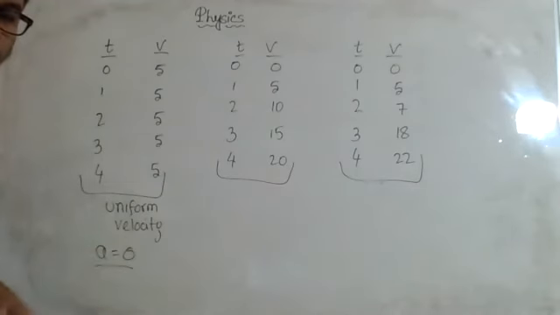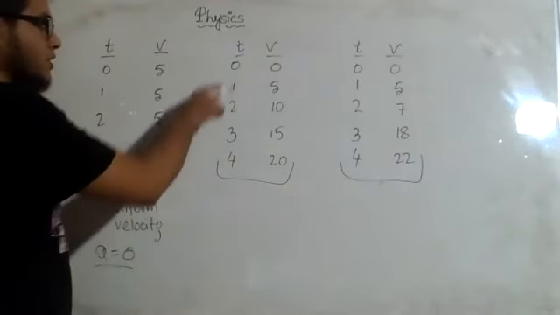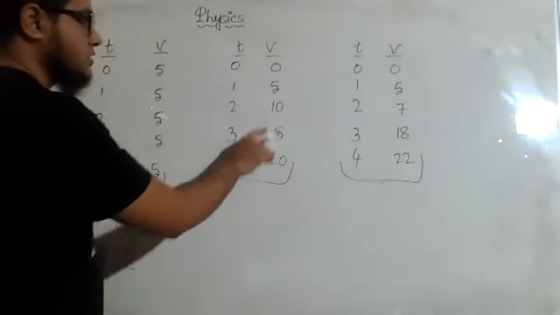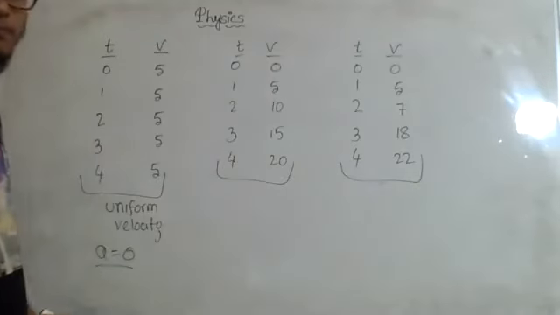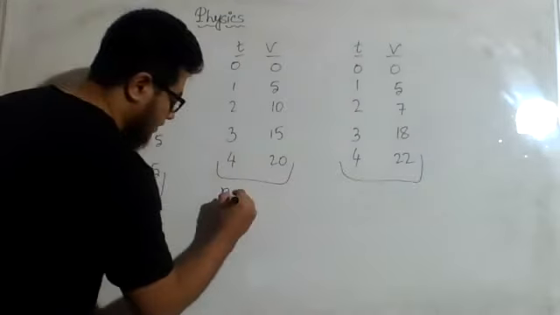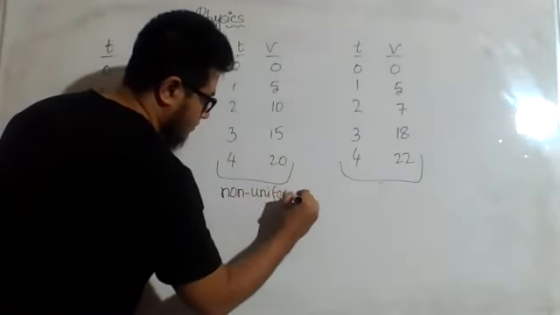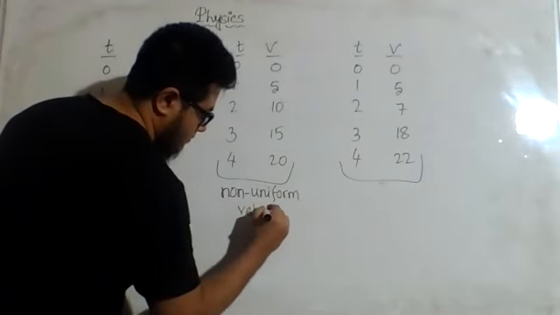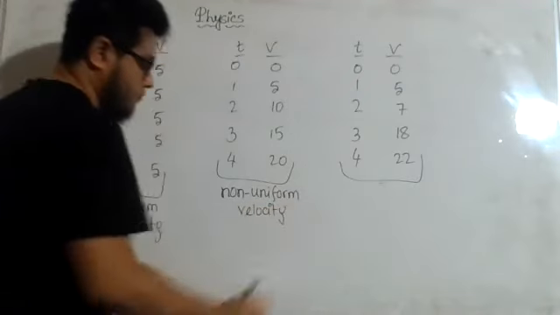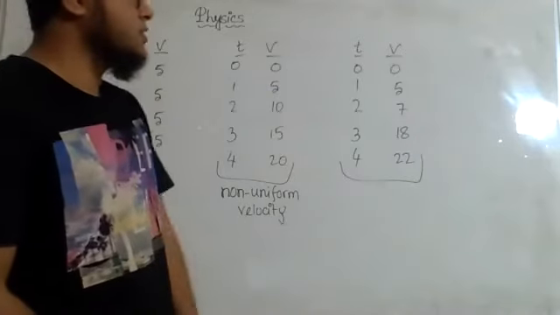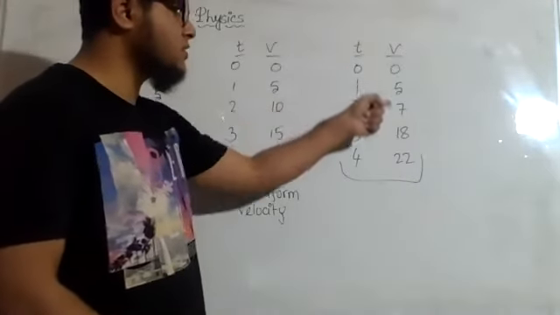Sadia, understood? Yes. Now here, with respect to time, is the velocity the same or changing? Changing. So we can agree that this is non-uniform velocity. If you take a look at this one, with respect to time, the velocity is changing.